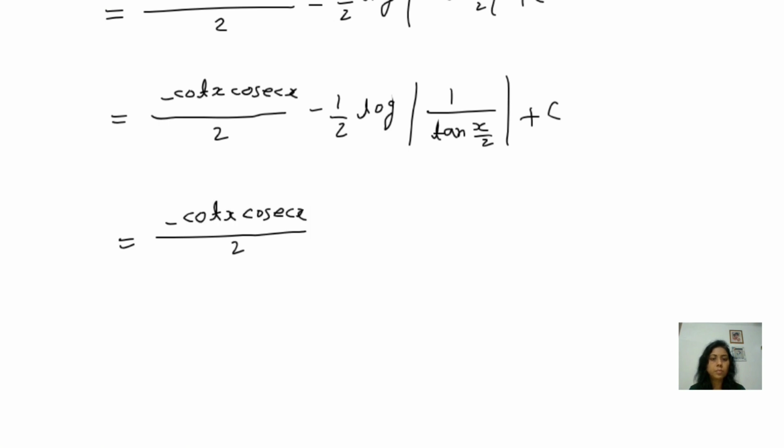Here this becomes positive because, according to the log property, 1 upon tan x upon 2 we can write as tan x upon 2 inverted. So the negative goes away, the inverse goes outside, and it becomes positive. And this is our final answer.